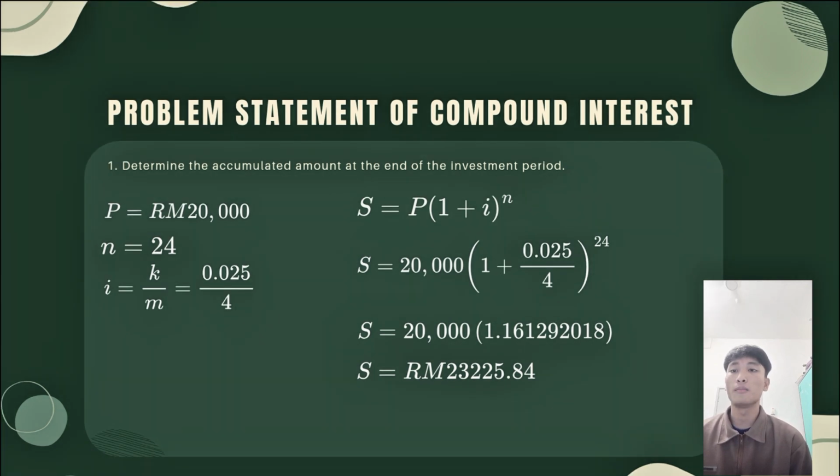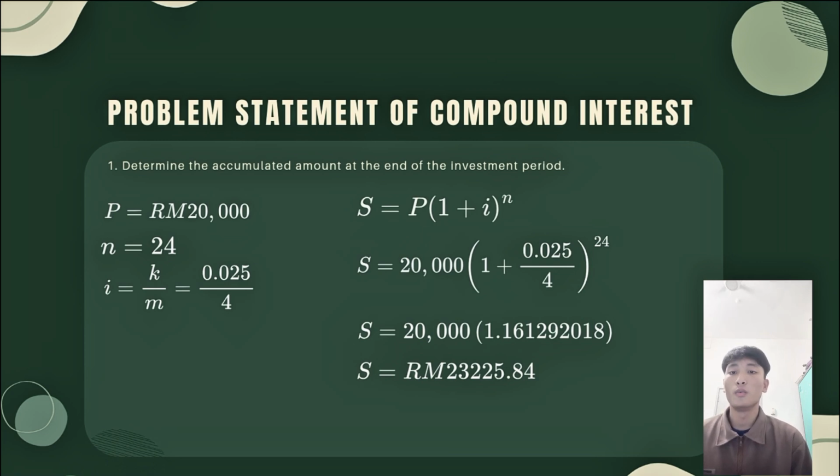The first problem is asking us to determine the accumulated amount at the end of the investment period. First, we identify P equal to 20,000 ringgit, n equal to 24, i equal to k over m equal to 0.025 divided by 4. The formula that we are using is S equal to P multiply open bracket 1 plus i close the bracket power by n.